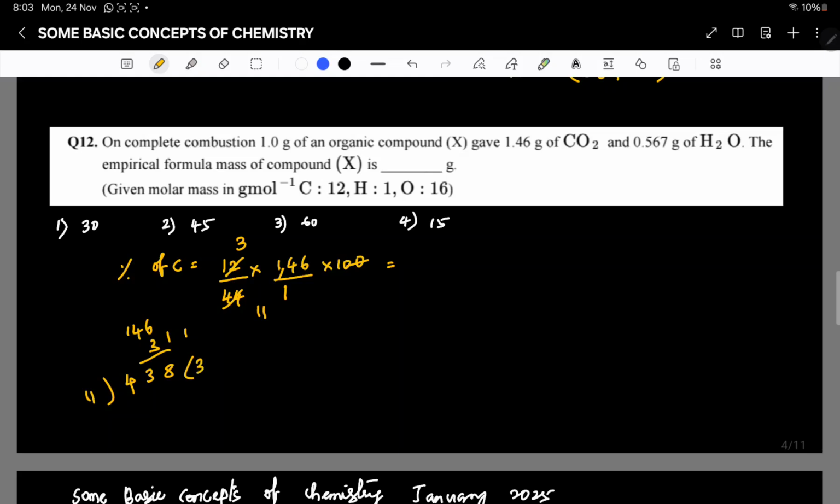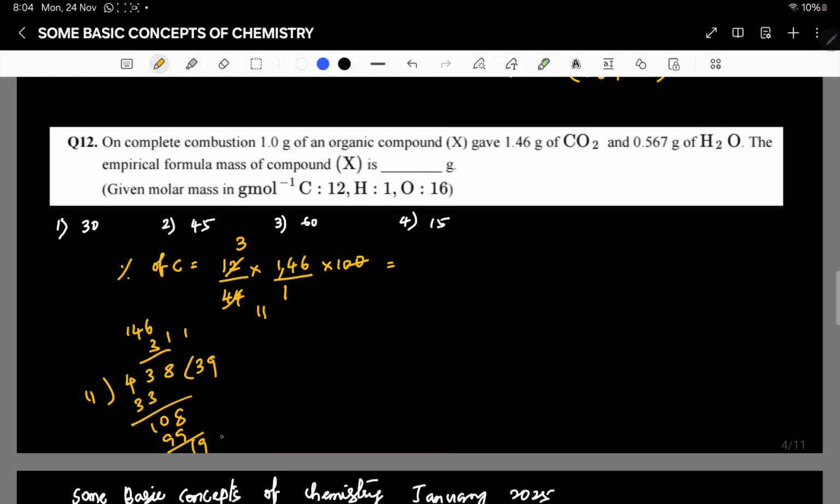So 11 4s are not possible, 11 3s are possible. 11 3s are 33, 33 means 108. So 108, 11 10s are not possible, 11 9s are. So this will be 99. So 99, remainder will be 19.